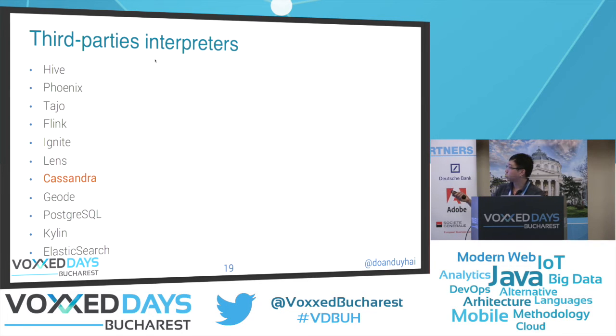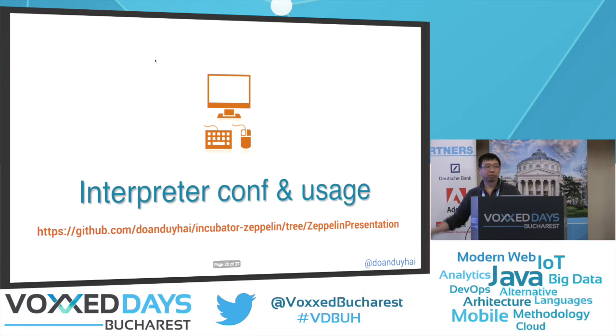So here is a list. There are more than that, but I don't have enough room in my slides, so I just limit the list here. You have interpreters for Flink, Apache Flink, Apache Cassandra. I wrote this interpreter. Someone created the interpreter for PostgreSQL, for Elasticsearch, and so on.